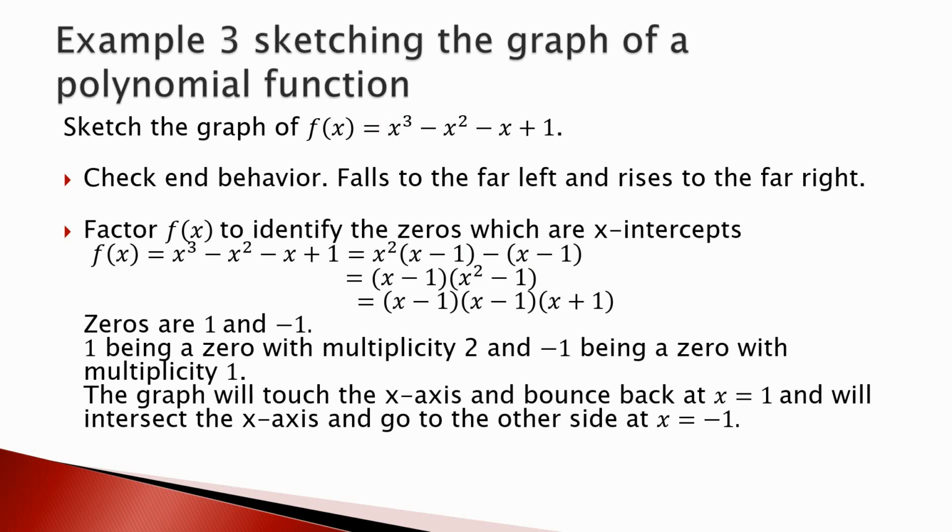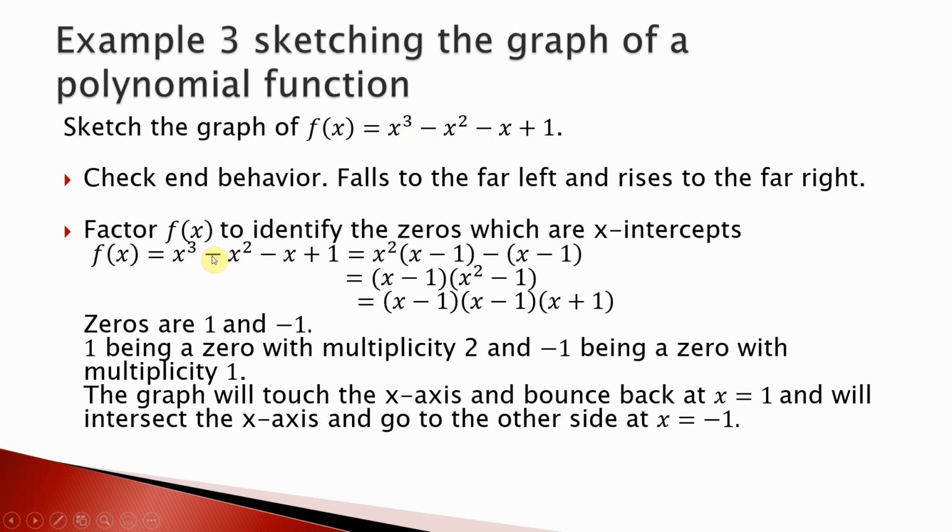So zeros are the x-intercepts. You have to find zeros so as to find the x-intercepts. So for that you have to factor this. If you look at this, you can see that x minus 1 will be a common factor for these two terms and these two terms.